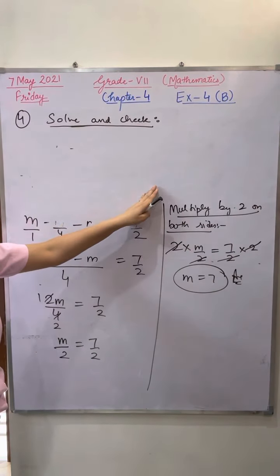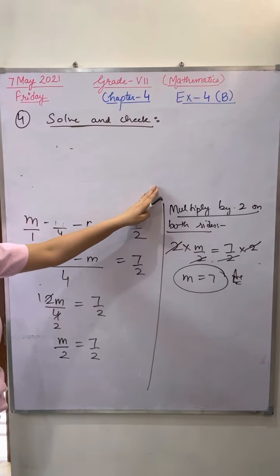Look here at what I'm writing. Transposing minus 3 to the right hand side, solve it, then transposing 2n to the left hand side, and then solve it, one by one.